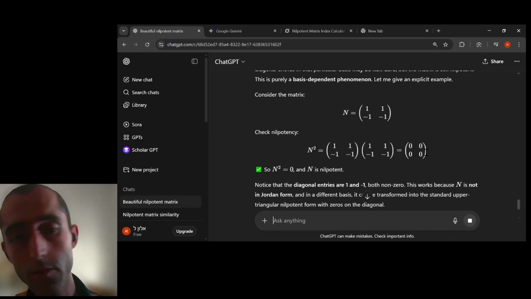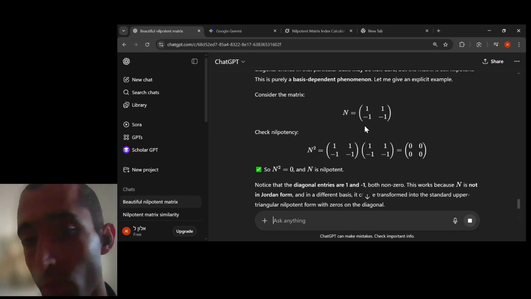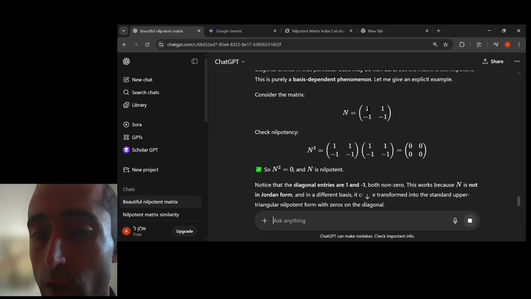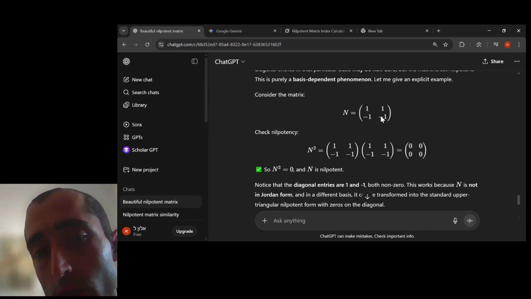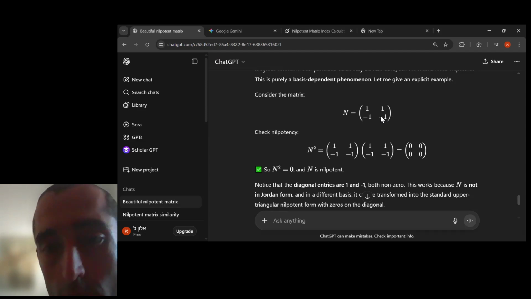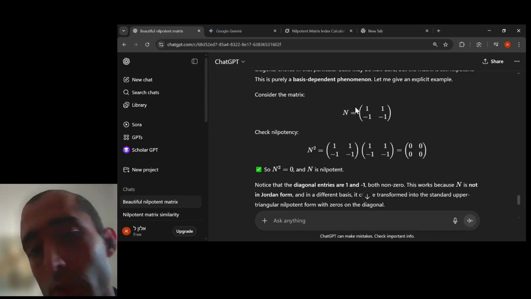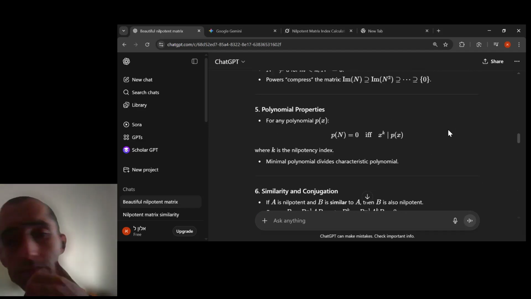Again, you can have nilpotent matrices that are not triangular and don't have zeros on the diagonal, but still, if you take some power, in this case the square, you get zero. So this is a nilpotent matrix. And you see again that the trace is zero, like always. The trace of a nilpotent matrix is zero. So this is an important thing to remember.